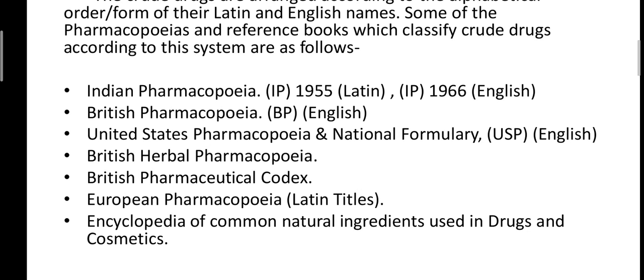Second, British Pharmacopoeia BP English. United States Pharmacopoeia and National Formulary, that means USP English. British Herbal Pharmacopoeia. British Pharmaceutical Codex. European Pharmacopoeia, Latin titles. Encyclopedia of Common Natural Ingredients used in drugs and cosmetics. These are some official books or reference books and pharmacopoeias.